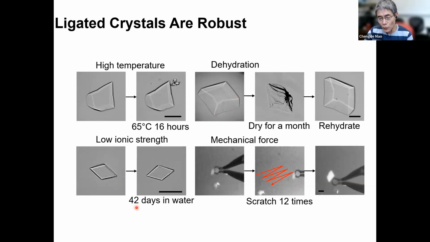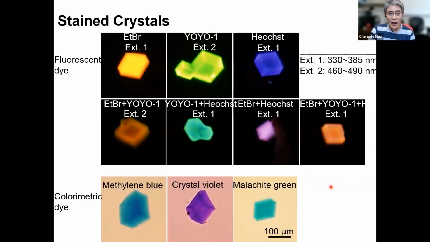If you get rid of the salt, the crystal is still fine. It also withstands mechanical force: here we use a tweezer to push onto the crystal and scratch along the surface several times, but the crystal remains. It can also survive chemical changes. When you stain the crystal with different dyes, without ligation the crystal will just crack, but after ligation the crystal stays perfectly fine.